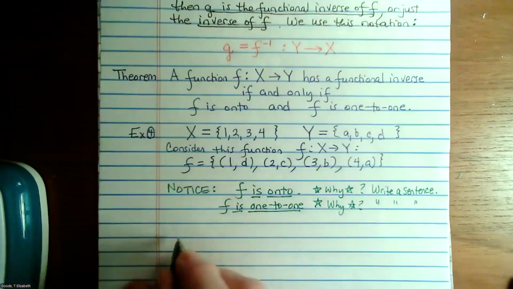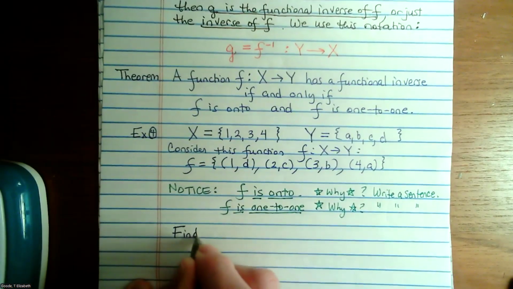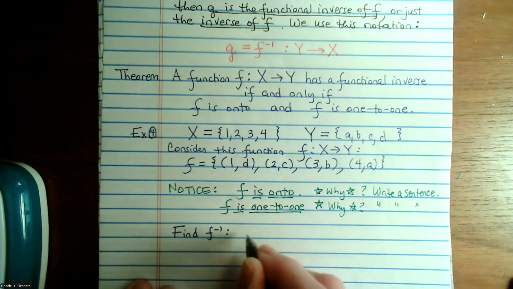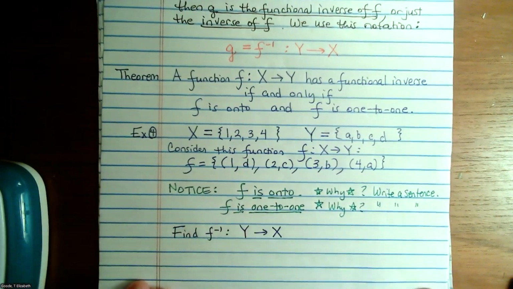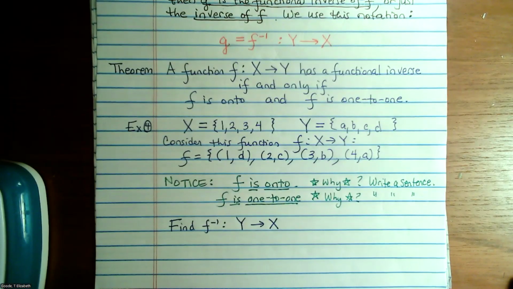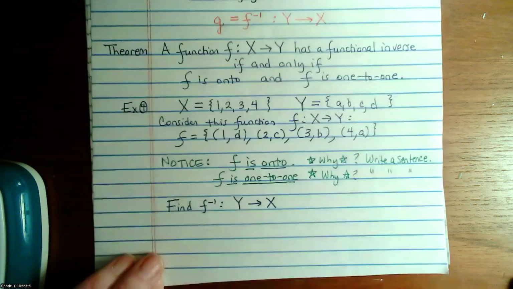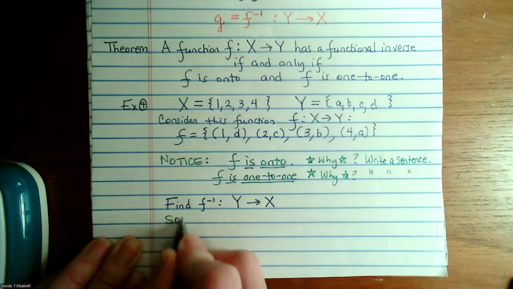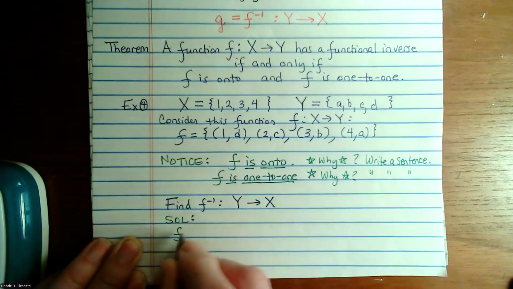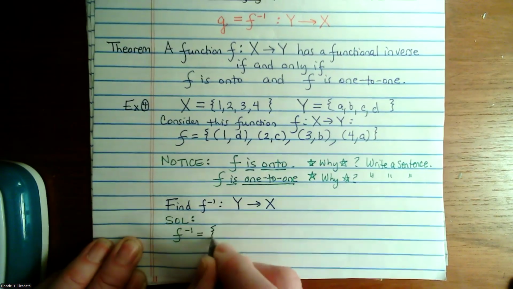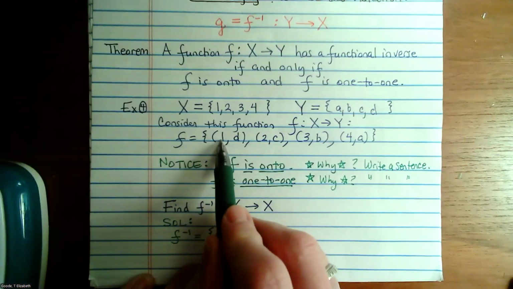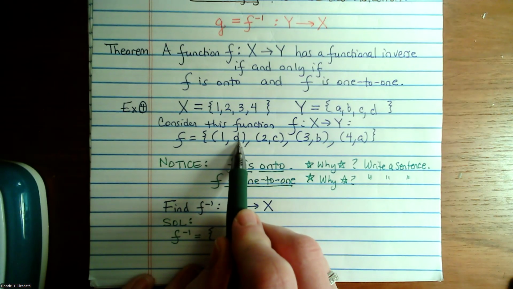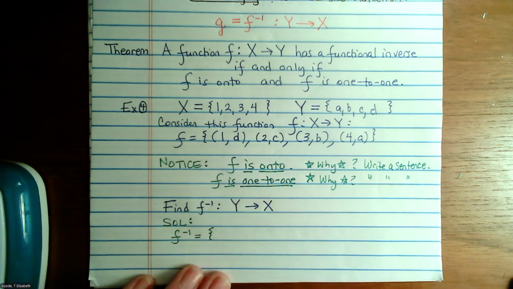Now let's find f inverse from Y to X. It just undoes what f does. Super easy. Super, super easy. It just undoes what f does. And so if 1 got sent to d, then d goes back to 1.